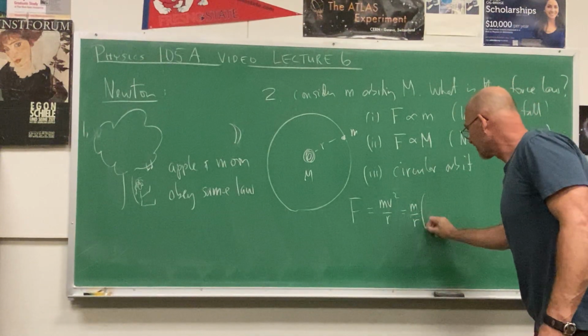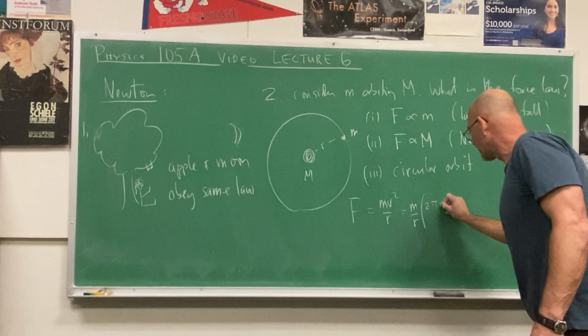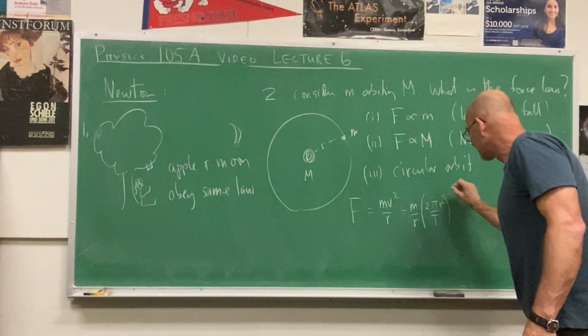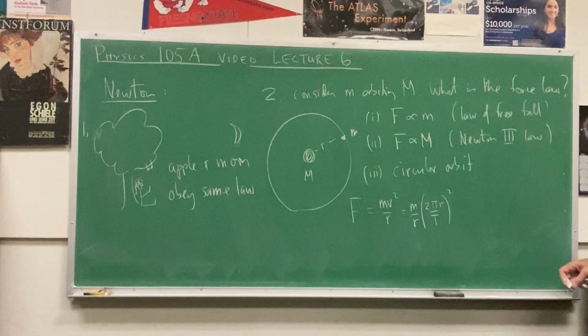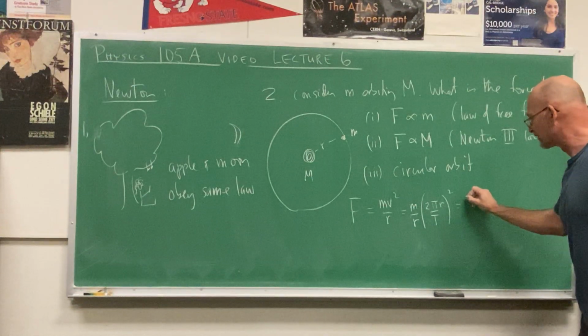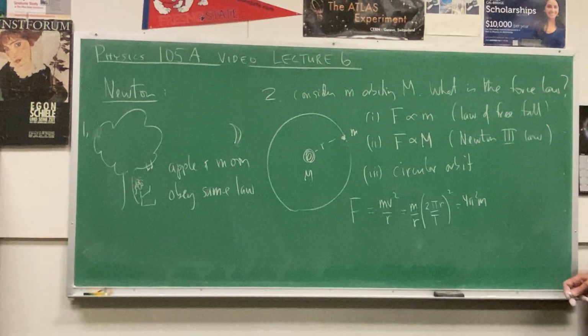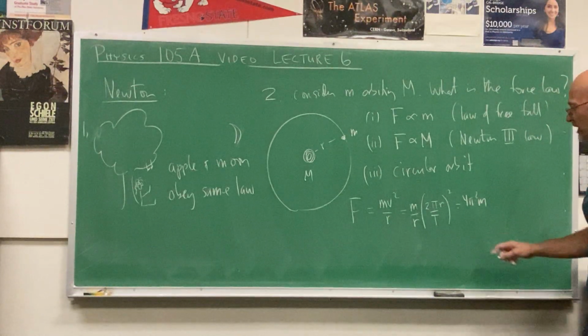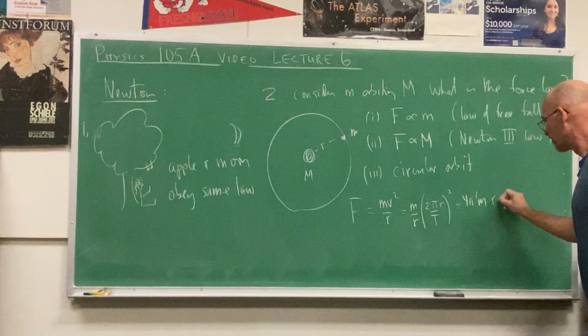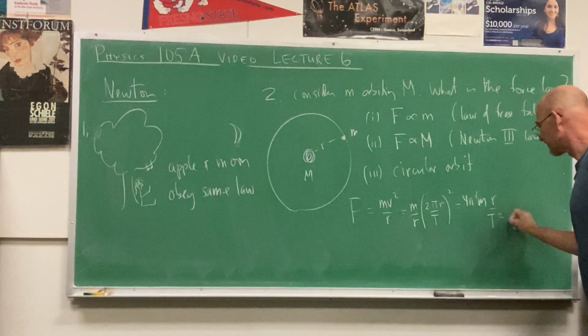Now this v can clearly be written as 2 pi r over the period T, squared. Okay, so I'm going to pull out the 4 pi squared m, and I'm left with r over T squared.